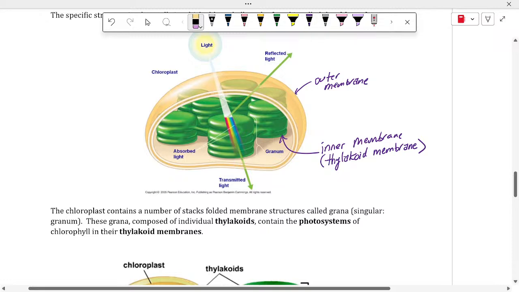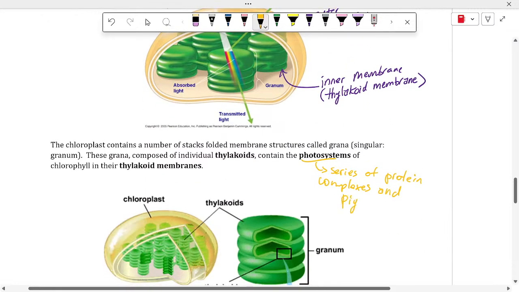So an individual folded thylakoid membrane folds into these stacks called granum, a single one called a granum, many called grana, and then inside of these, we find the photosystems. And again, the photosystems are the series of enzymes, I'll say protein complexes and pigments.